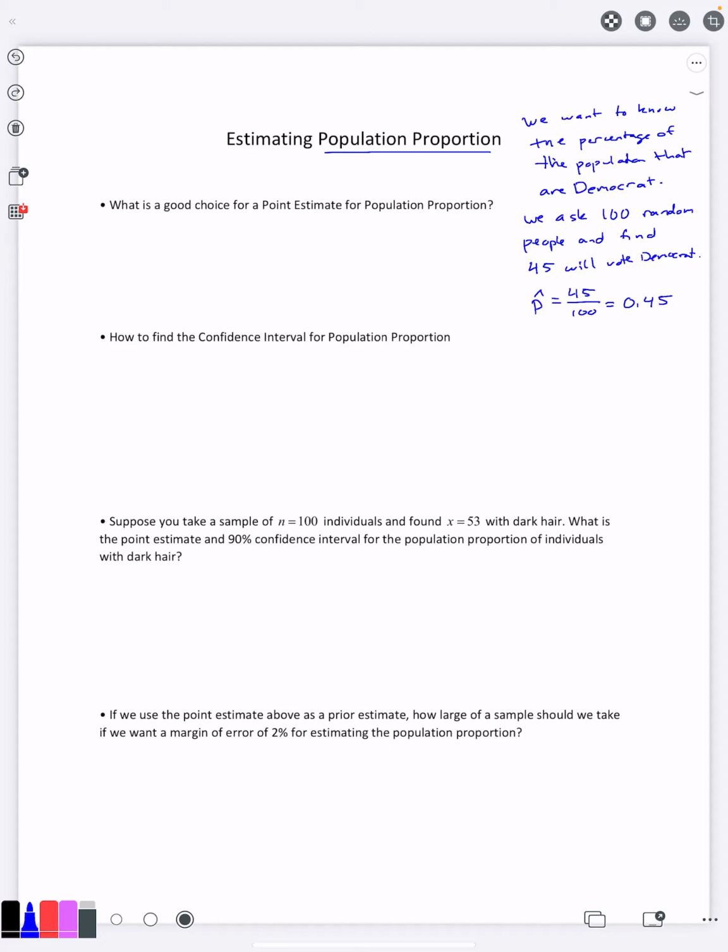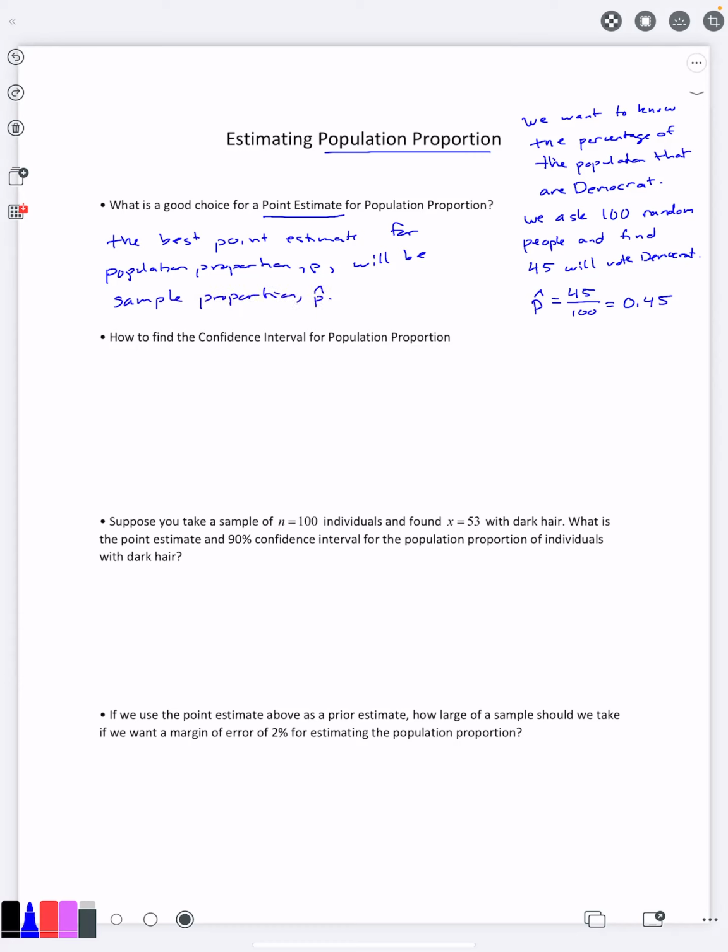So anytime you want a point estimate, the best point estimate for population proportion, which is P, will be the sample proportion, which is p-hat.